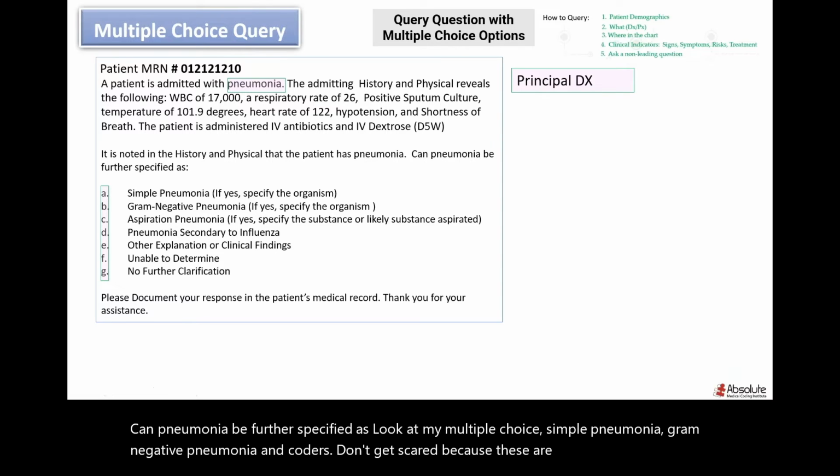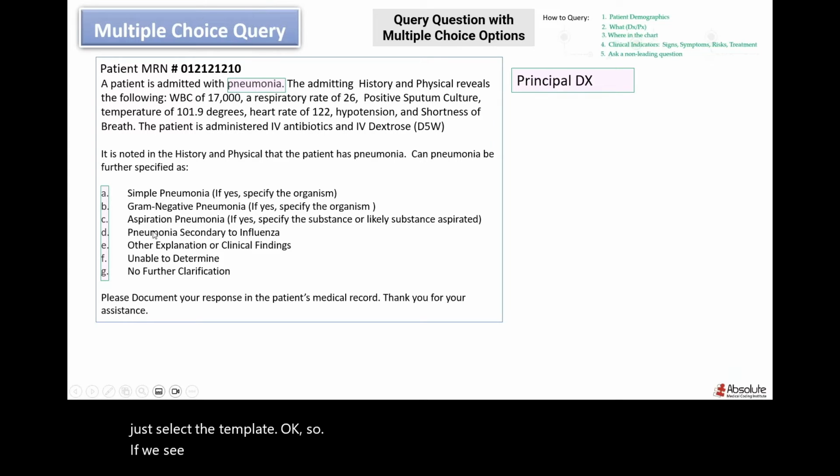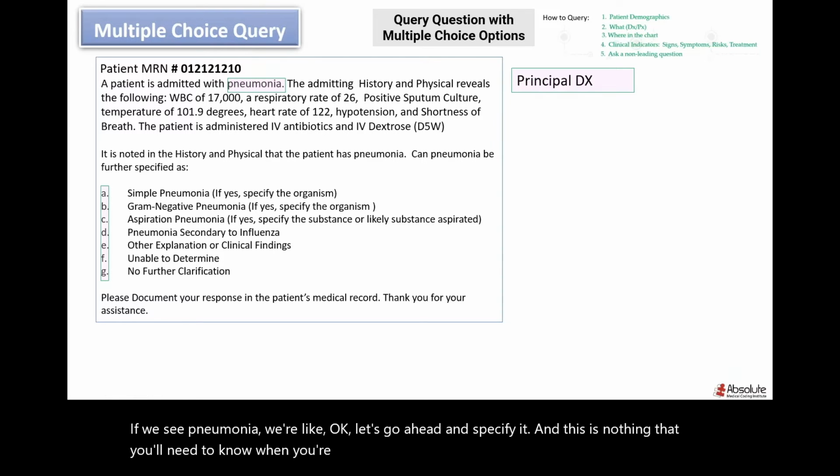In the real world, you have templates. All we have to do is add the clinical indicators, and then we just select the template. So if we see pneumonia, we're like, okay, let's go ahead and specify it. And this is nothing that you'll need to know when you're taking the exam. I'm just showing you how a compliant query is constructed.